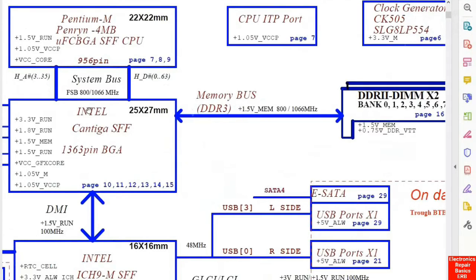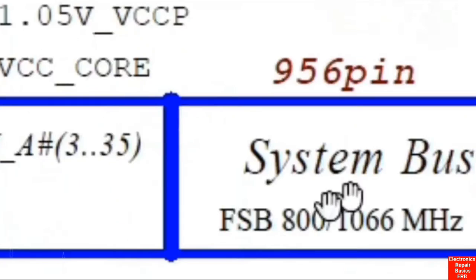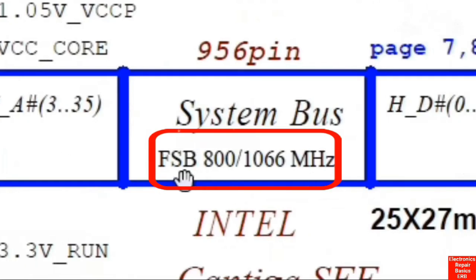As you can see here in the schematic or the laptop block diagram, we have the processor, a Pentium M, and here this is the GMCH or the NOT bridge. This is the FSB, the front side bus, the bus that connects these two chips, the processor and the NOT bridge.